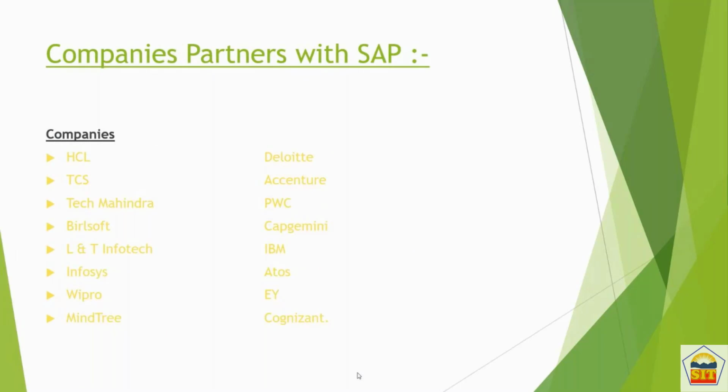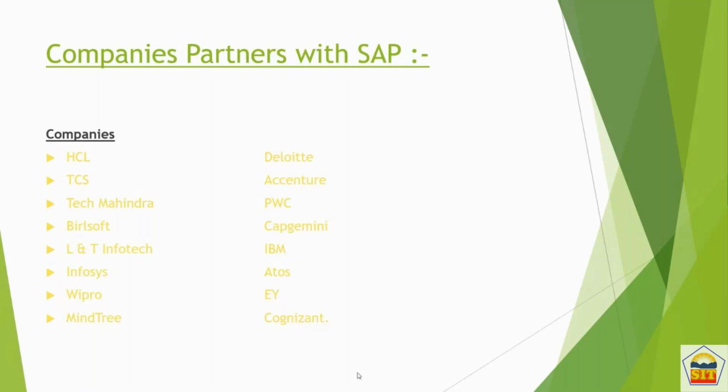Then I just list down here some of the companies in India and outside India who are partnered with SAP. SAP alone can't cater to a long list of customers, so SAP has made business partners. These are the companies who can provide the SAP solution on behalf of SAP.